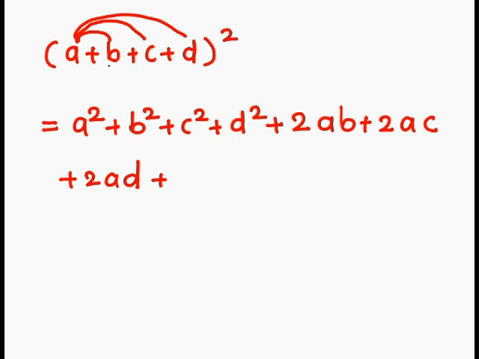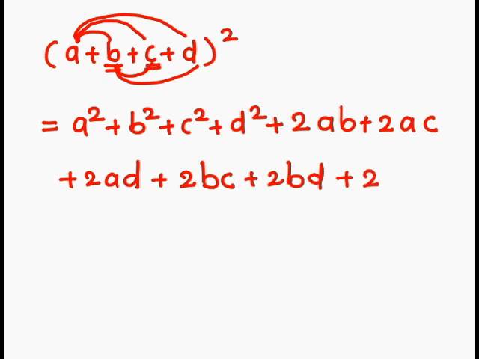Now we fix B. We get the combinations BC and BD, that is 2BC plus 2BD. Now we fix C, so we get 2CD. This is the formula for the square of A plus B plus C plus D, and this is what we require to find the equation of a right circular cone. Hope you understand. This is nothing but our prerequisites required to find the equation of a right circular cone.